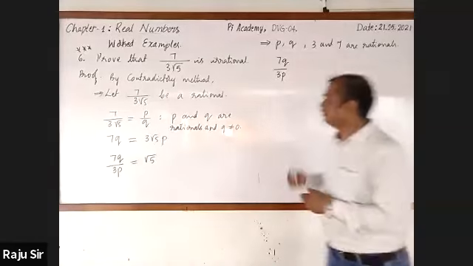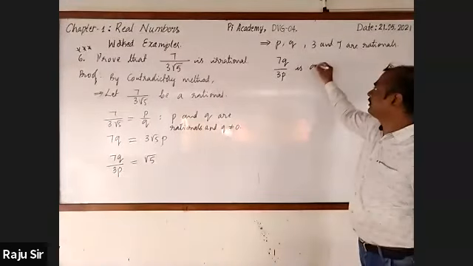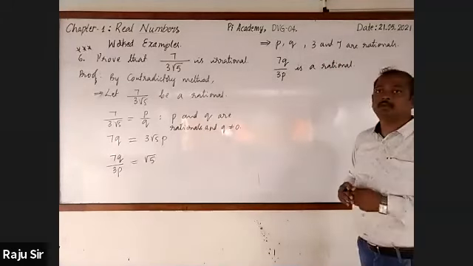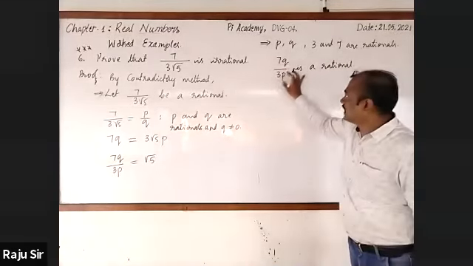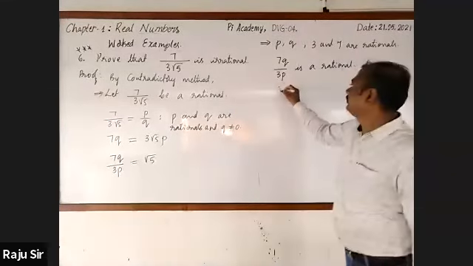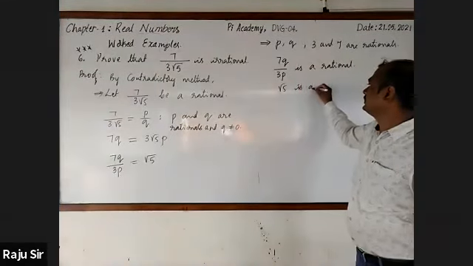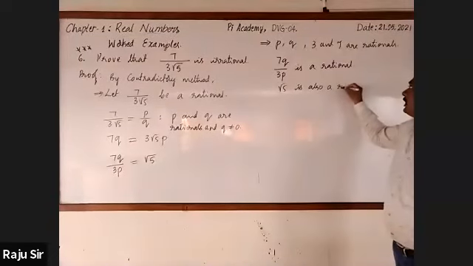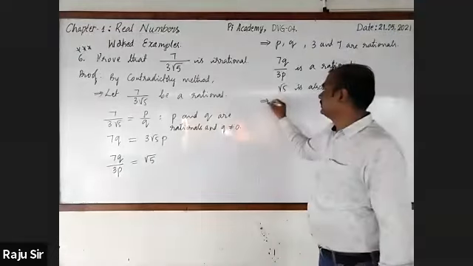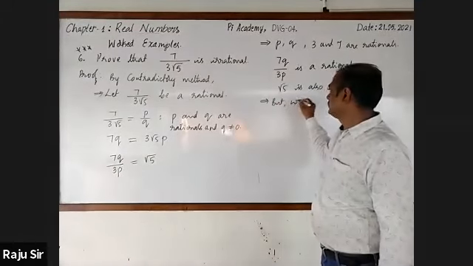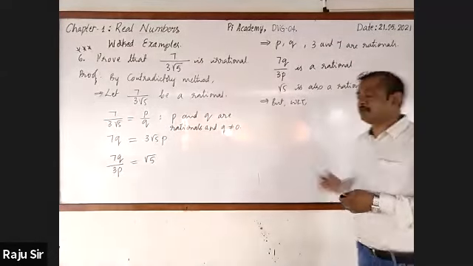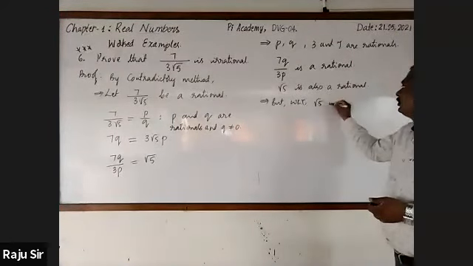Now, 7Q by 3P is a rational. Then, as it is rational, this is equal to root 5. Hence, root 5 will also be a rational. But we all know that root 5 is an irrational number.